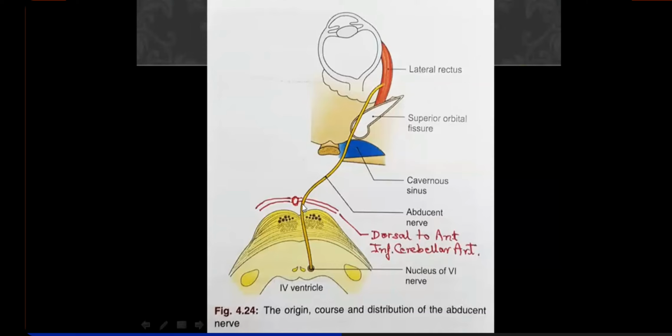And remember what artery was arising there. This is the basilar artery running in the basilar groove. The artery arising here was the anterior inferior cerebellar artery. That's why I asked you that the artery which arises here in this cistern is the inferior cerebellar artery, although a little higher above, the superior cerebellar artery will also arise.